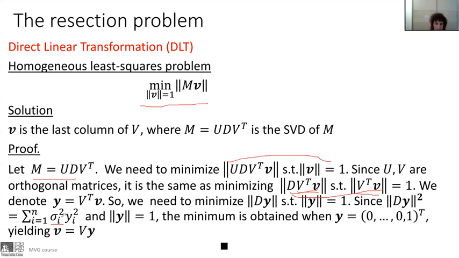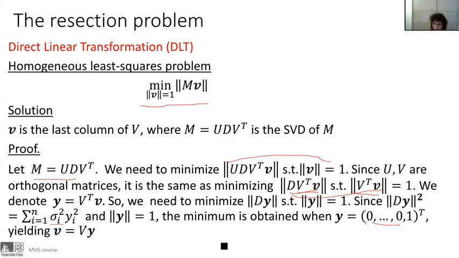Since sigma i are ordered from large to small, the minimum is obtained when I catch only the last singular value. And how do I catch the last singular value? By putting zeros in y and 1 in the last entry. And this will let me have just the smallest singular value squared.